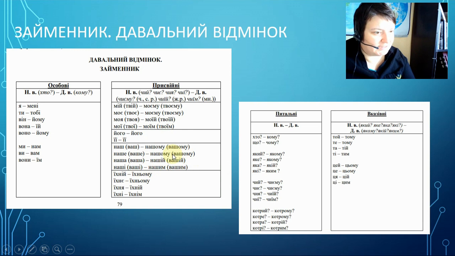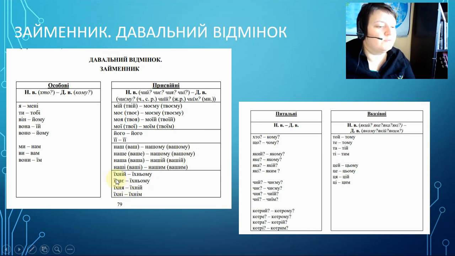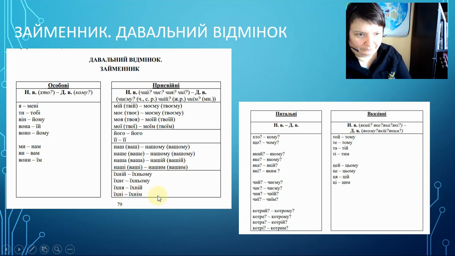And here the same, but to our, to your, and different genders, grammatical genders, of course. Then their. Everything is translated their or to their. Їхній, їхньому. Grammatical masculine, їхнє, їхньому, grammatical neuter, їхня, їхній, grammatical feminine, їхні, їхнім, plural.